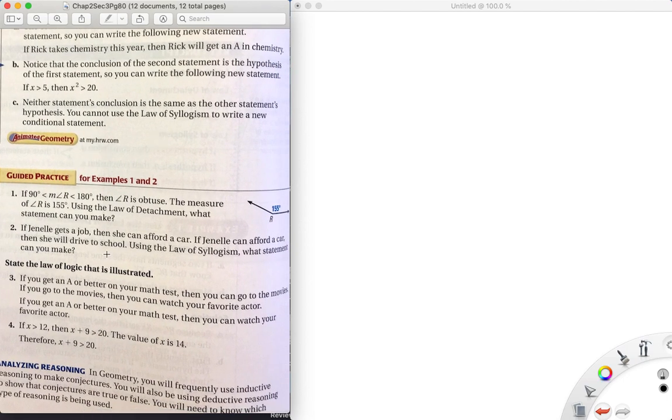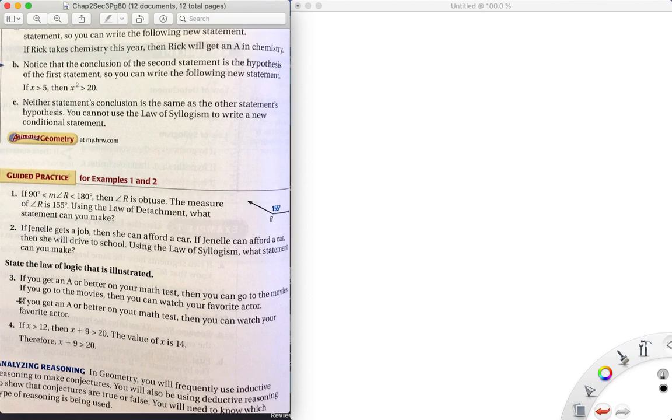So using the law of syllogism, since the conclusion of the first conditional is the same as the hypothesis of the second conditional, they can go bye-bye. Then I can write a third conditional: if Janelle gets a job, then she will drive to school.